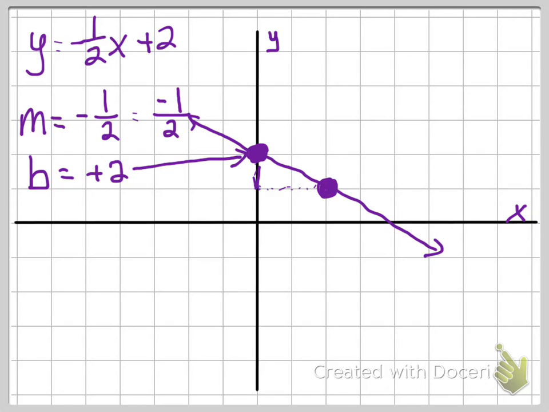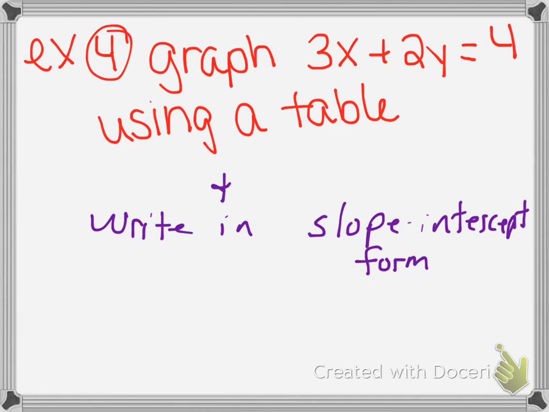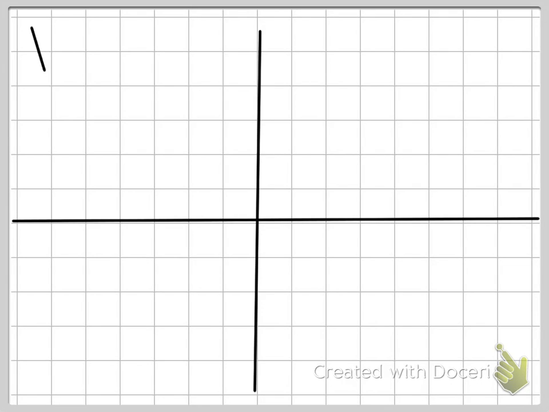So, there's example 2. Let's take a look at example 3 here. Example 3 is y equals 4. Be prepared to run into these. These are actually pretty simple. Y equals 4. Okay. I want to write that equation down. It's in slope-intercept form.